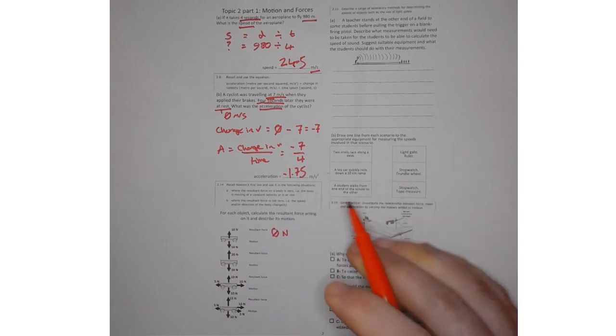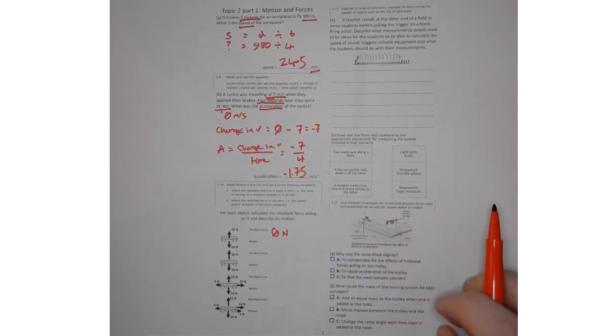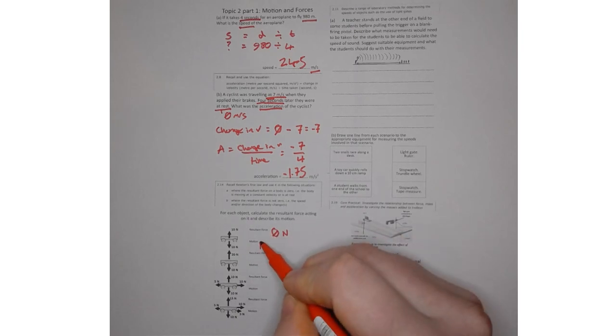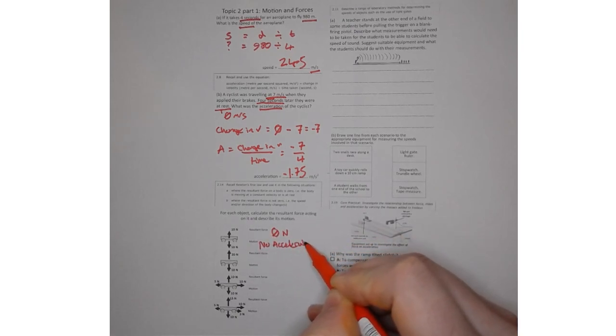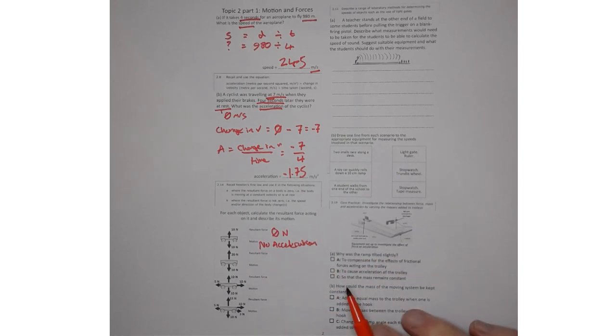And Newton's first law told us that acceleration is caused by resultant forces. If there's no resultant force, there's no acceleration. Now, I don't know if that was moving and it's carrying on moving at constant speed, or if it was stopped and it is still being stopped. Either way, saying no acceleration is accurate.